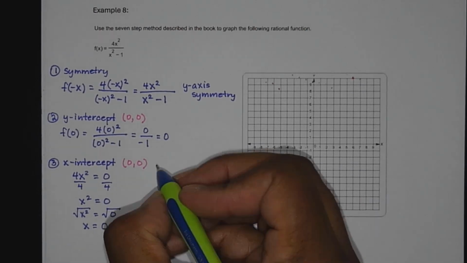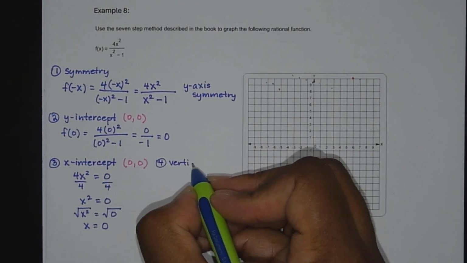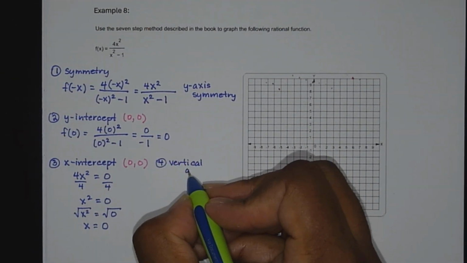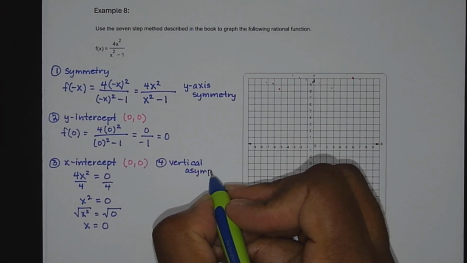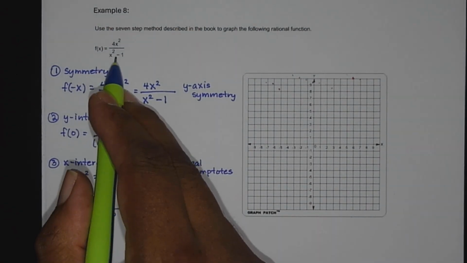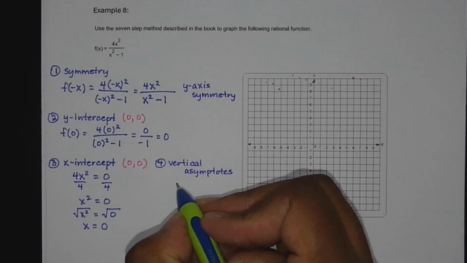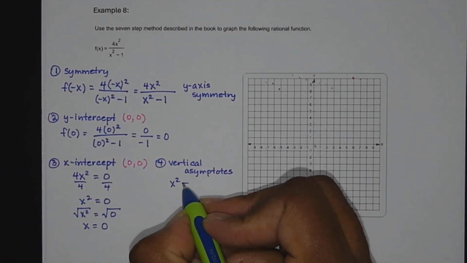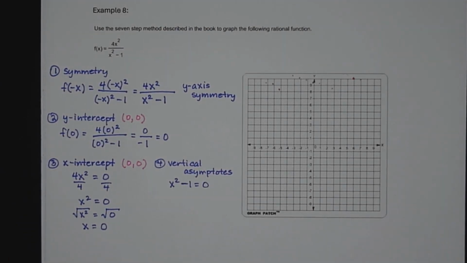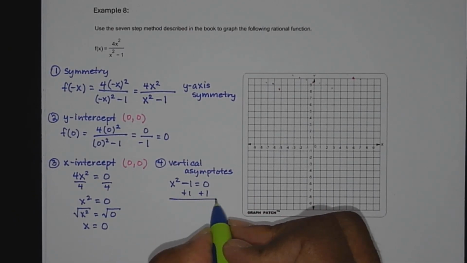Now step number 4 is finding the vertical asymptote. Now there may be more than one vertical asymptote. In this case, I'm going to take my denominator, and by the way, since there are no common factors to divide out, I can go ahead and take that x squared minus 1, which is the denominator, set that equal to 0, and solve for x. Let's get x squared by itself by adding 1 on both sides.